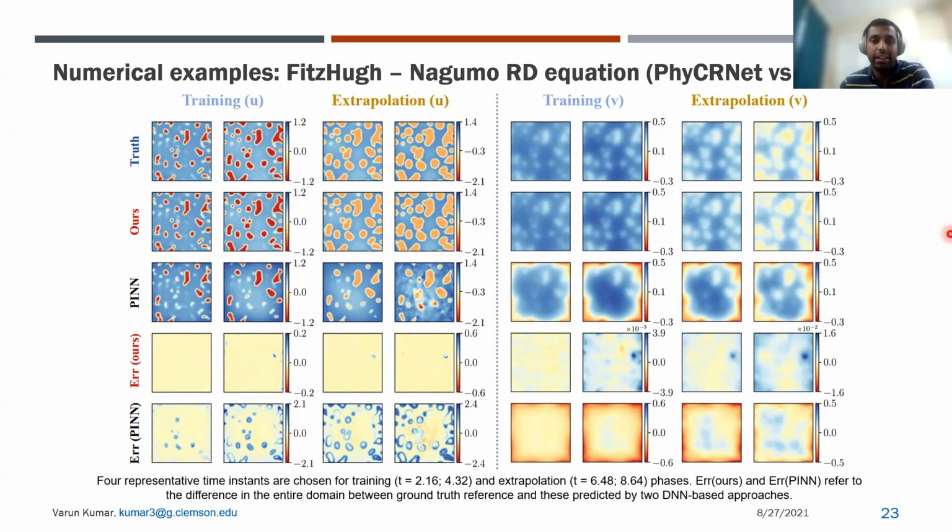They have good results in training, testing and extrapolation, and they're showing time snapshots from 2 seconds, 4 seconds, all the way up to 8 seconds. The accuracy of the results is pretty outstanding. And again, PINNs in this case have a hard time even predicting during the training phase. It's probably because the system of equations is just so complex that PINNs are not able to replicate the actual results.